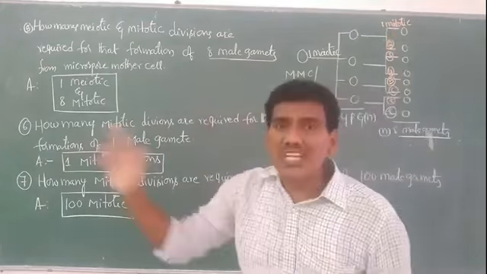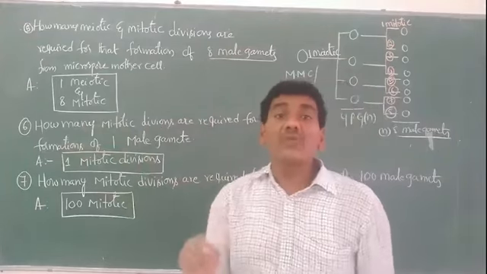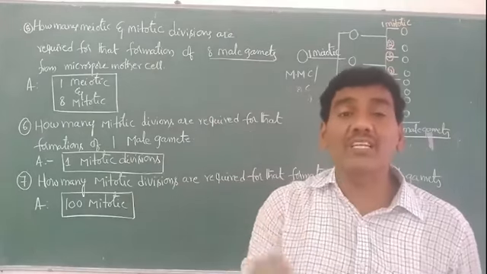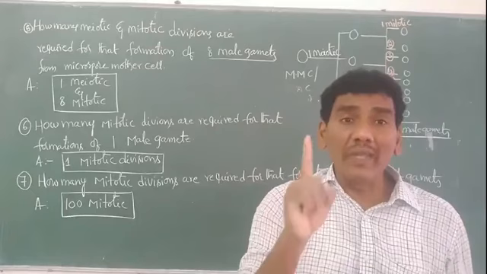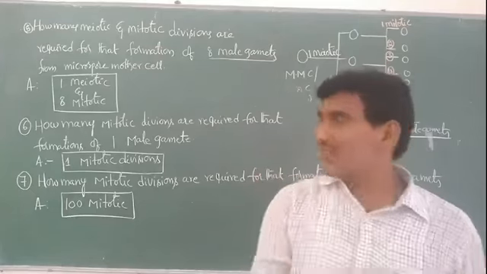This is the fifth question: for the formation of 8 male gametes, 1 meiotic and 8 mitotic divisions are required.